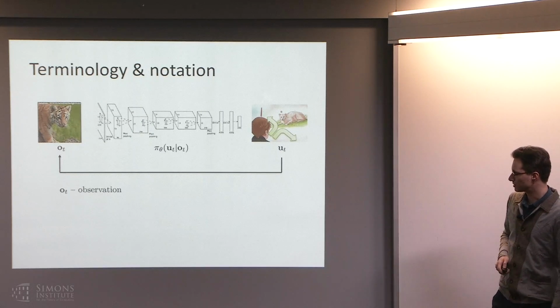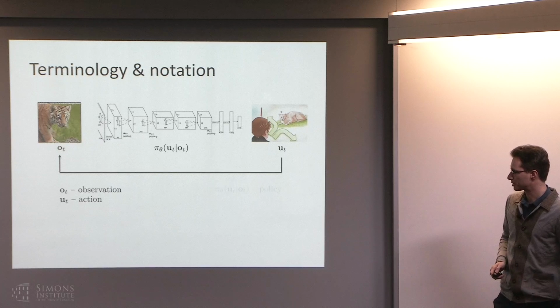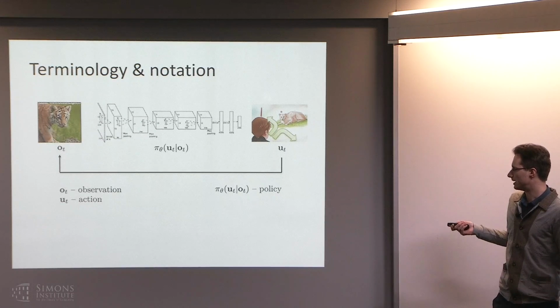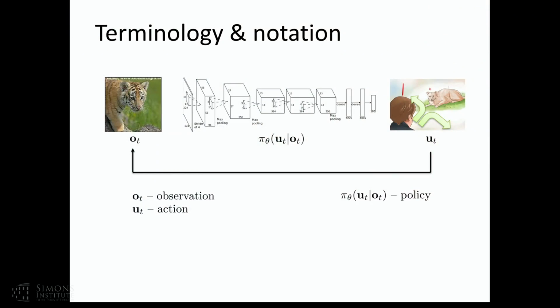So the terminology: O stands for observation, U stands for action, and pi we're going to call the policy. That's just a distribution over actions, conditional on observations. In general, it might even be conditional on a history of observations, so that's a generalization of this. But for now, let's just talk about reactive policies that are conditional on the current observation.